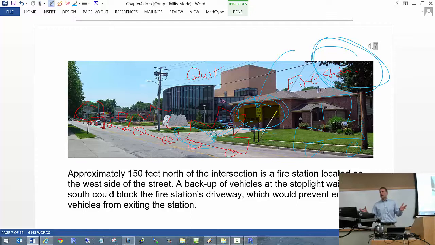So, in a very simplistic manner, what one could do is first find a confidence interval for mu here. Then use that, which we will do next time, to come up with a probability that this intersection will be blocked and the fire truck couldn't get out.